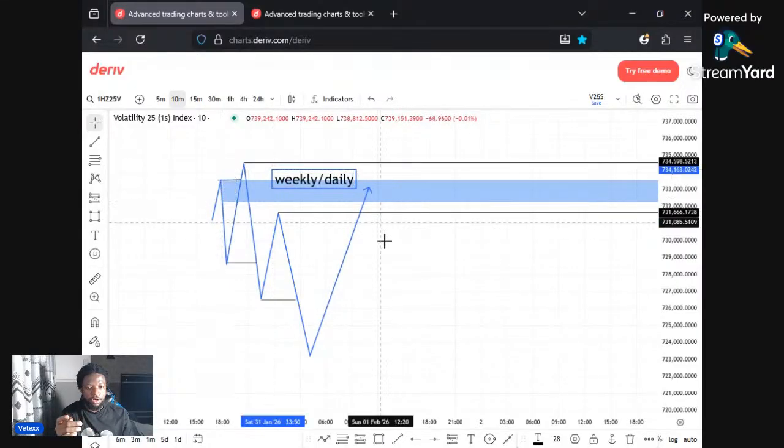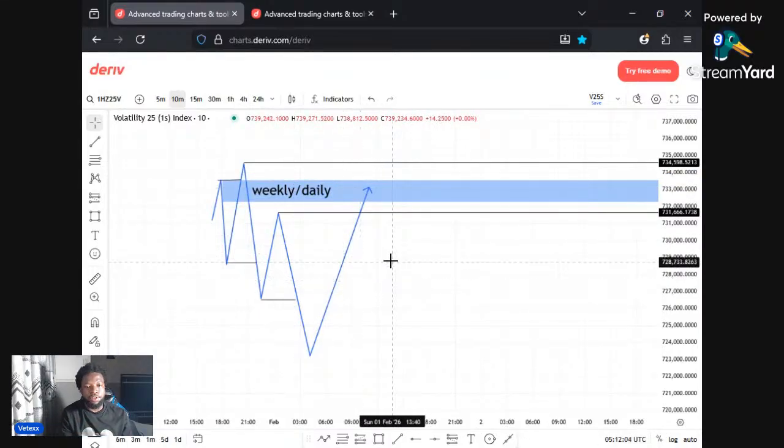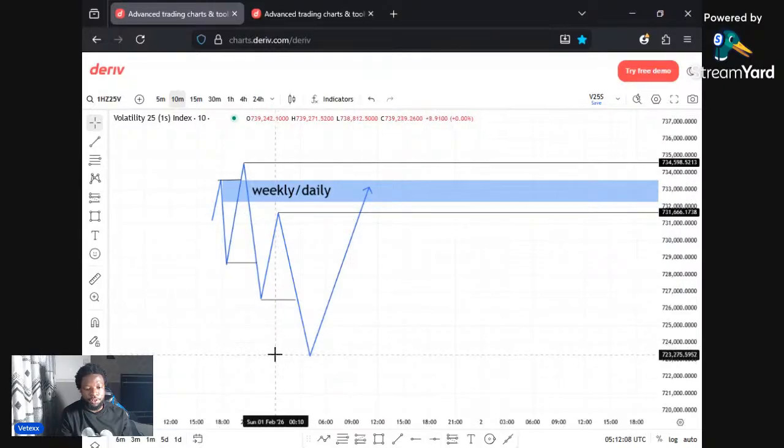This POI is our weekly or daily. Now, we know that this is the starting point for this pair, and this zone here is the finish point.